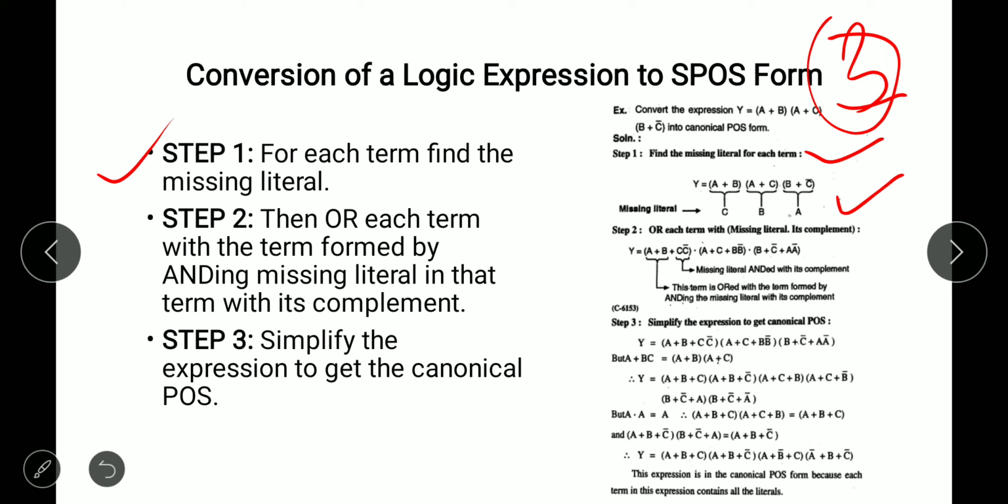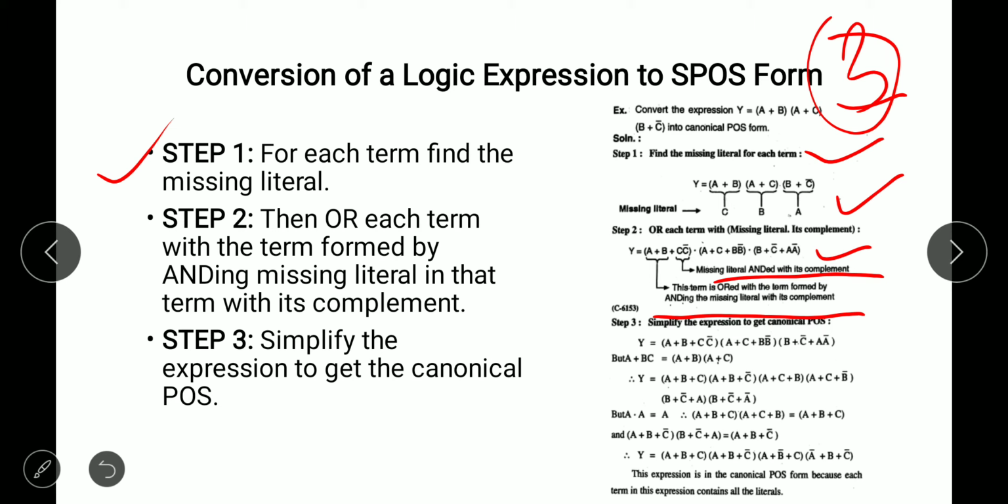So a plus b, then plus c is missing, so c dot c bar. Then dot a plus c, the missing literal is b, so plus b dot b bar. Then dot b plus c, the missing literal is a, so plus a dot a bar. So the missing literal is ANDed with its complement, and this is ORed with the term.